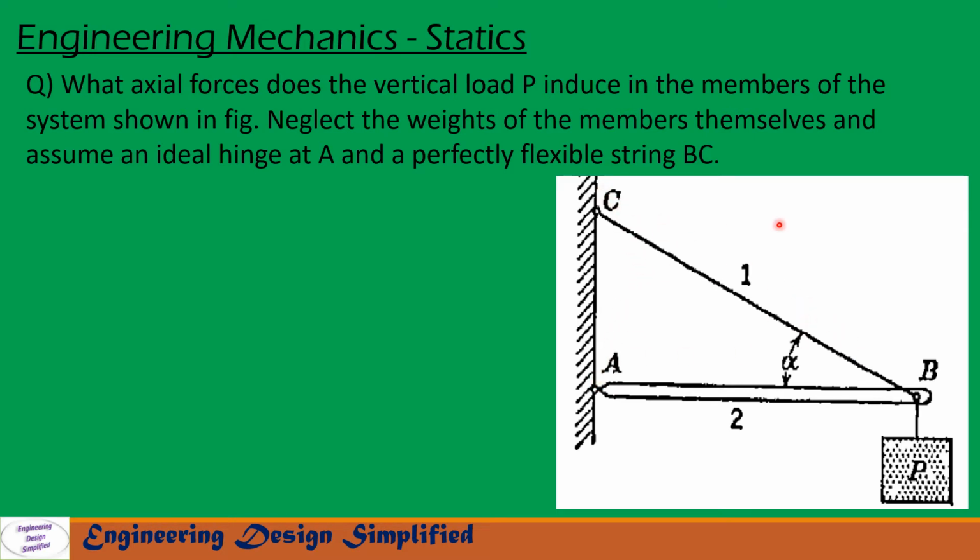So here in this problem we have a member that is hinged at A, that is a perfect hinge, and a perfectly flexible string is attached here and a weight P is acting downwards vertically. So we need to find what are all the forces in this side of the string and in this member due to this force. Let us see in the coming slides how to solve this problem.